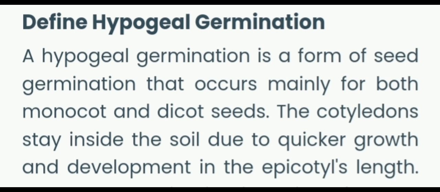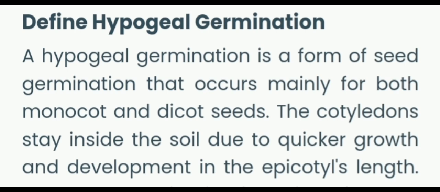Like in corn, if you plant corn, the corn stays inside the soil, and after some days the part that grows out, the corn still remains inside the soil. But bean is not like that. Bean comes out of the soil. So hypogeal germination is a type where the cotyledon stays inside the soil because of quicker growth and development in the epicotyl's length.